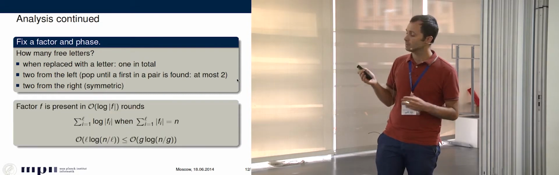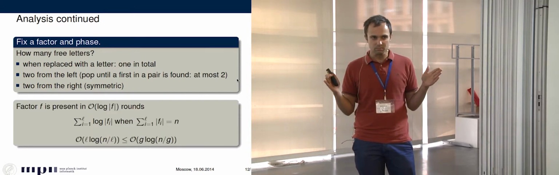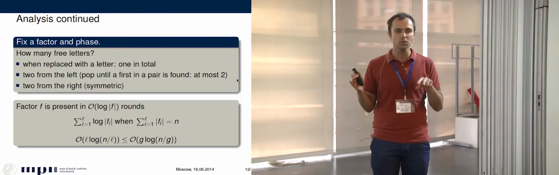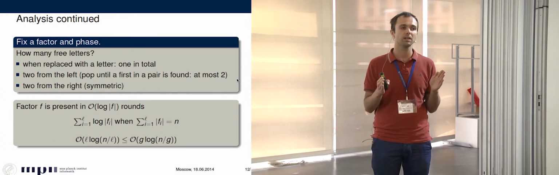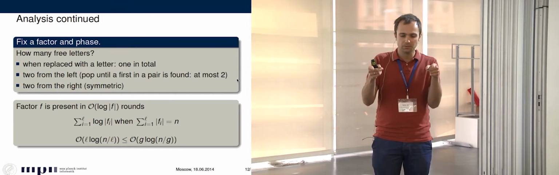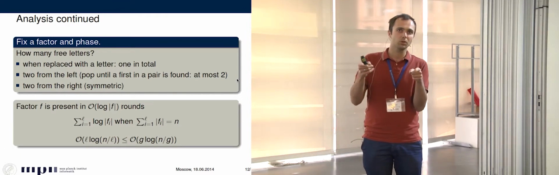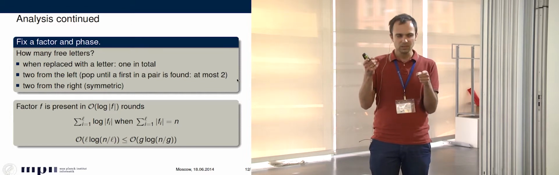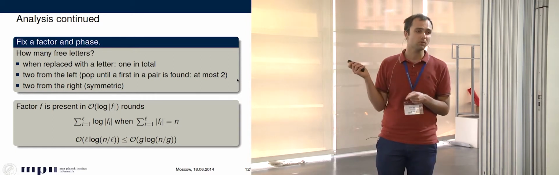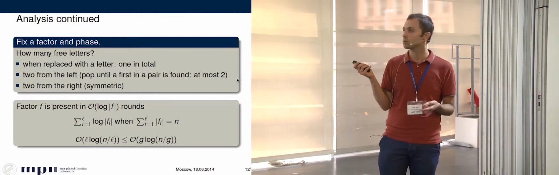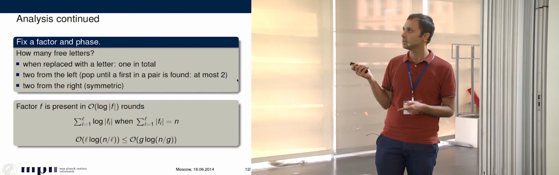And since there are no 2 consecutive unpaired letters, everything shortens by a constant fraction in each round. So when you look at a fixed factor, it will shorten by a constant fraction in each round, so it will terminate after a logarithmic number of rounds, and in each round it will introduce a constant number of letters.